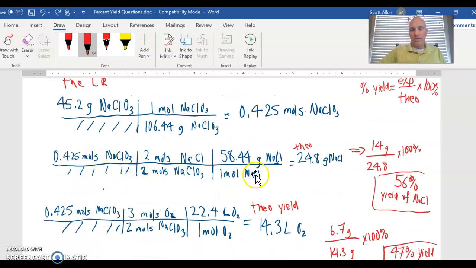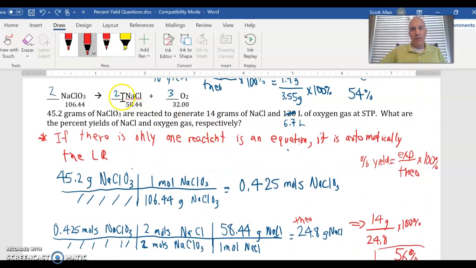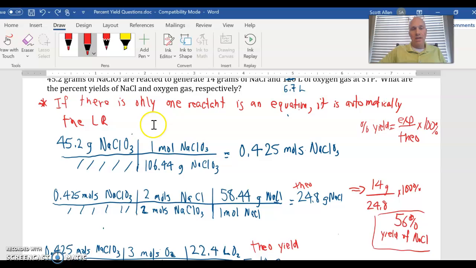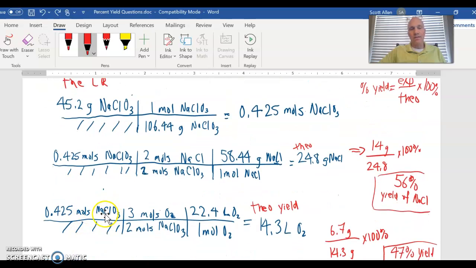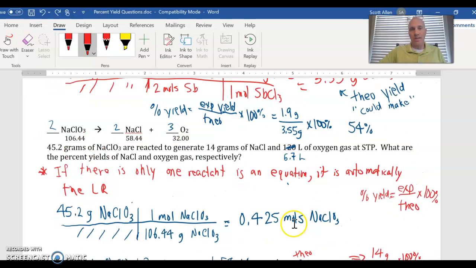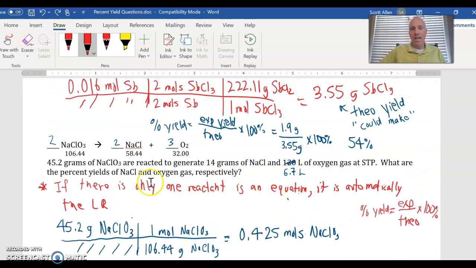One of them is going to be designed to figure out the theoretical yield of sodium fluoride, and the other is going to be designed to figure out the theoretical yield of oxygen, because that's what the question asked us to figure out for both of these.